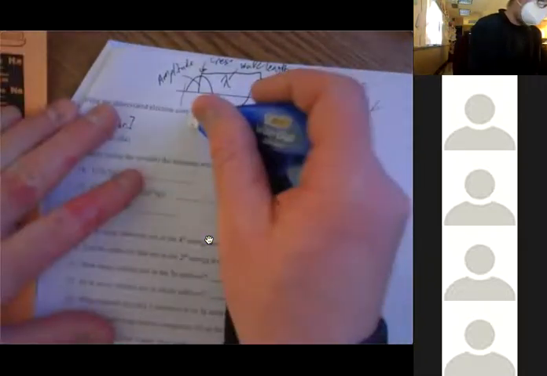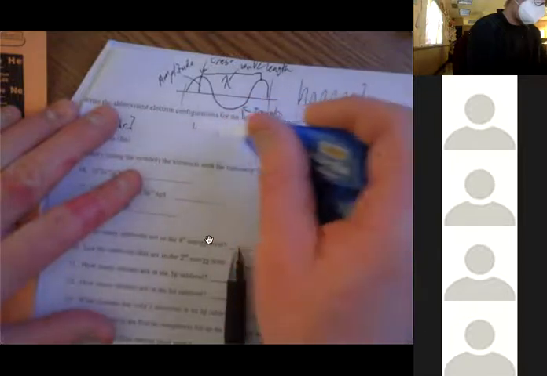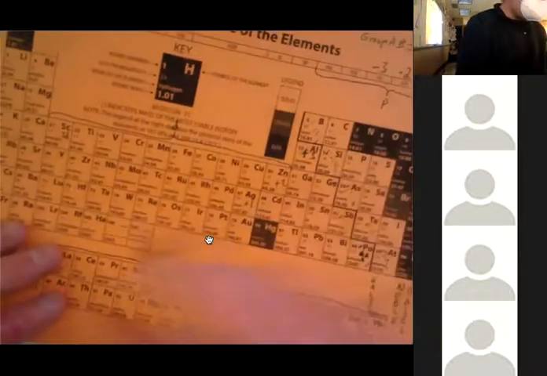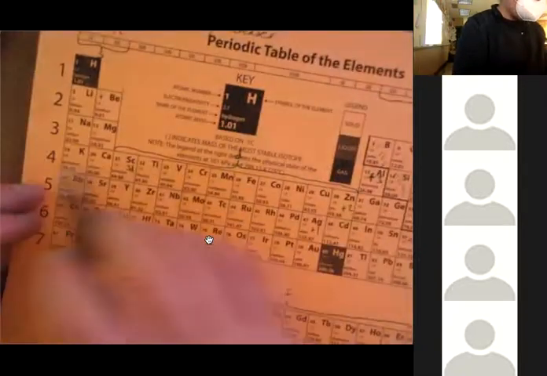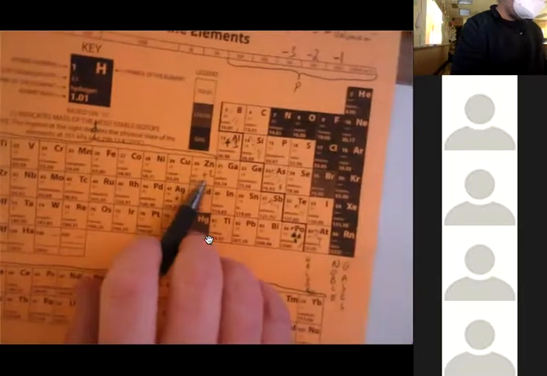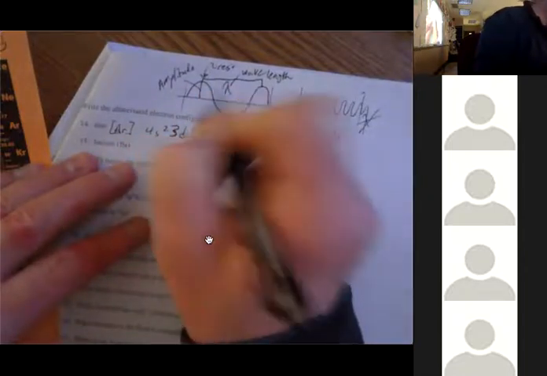Get rid of this right here. Argon, right after argon is 4s2. What do we want? Zinc. 4s2, 3d10.